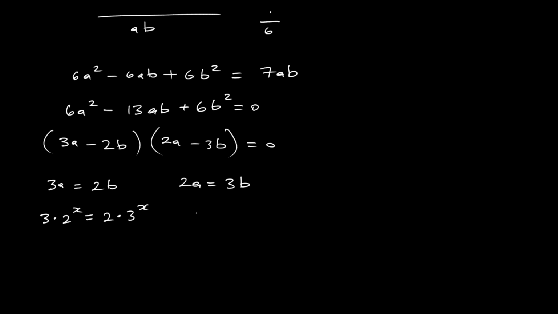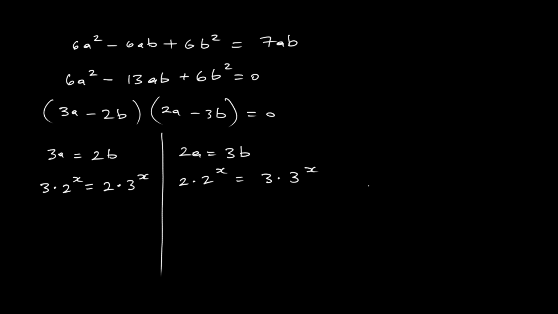Let's do the same for this part of the equation. So this is 2 times 2 to the x is equal to 3 times 3 to the x. And recall that 3 is just 3 to the first power. So we could divide both sides by 3 and also divide both sides by 2.